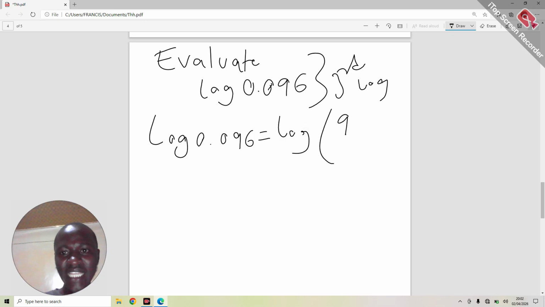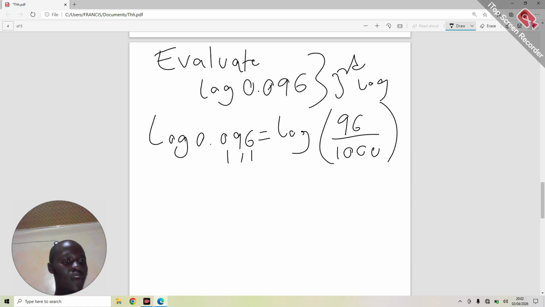Of 96 all over 1000. This is the same thing. Log 0.096 can also be written as log 96 all over 1000.